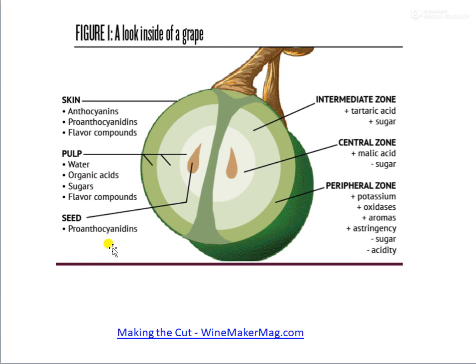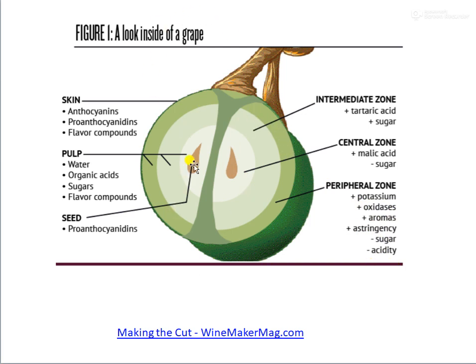The seed is made up of proanthocyanidins. Then the intermediate zone is made up of tartaric acid and sugar. The central zone is made up of malic acid, and there is also sugar. The peripheral zone is made up of potassium, oxidase, aromas, astringency, sugars, and acidity. These are all components of it.